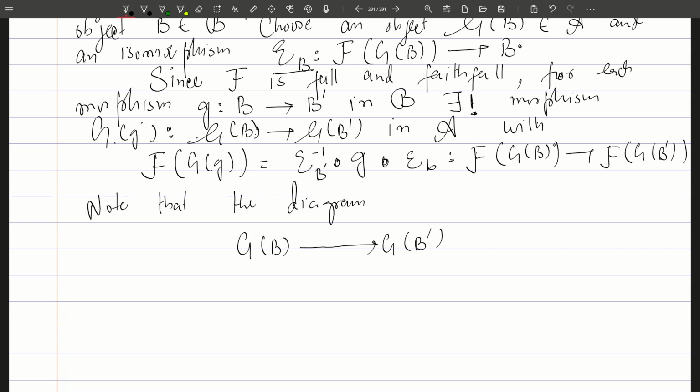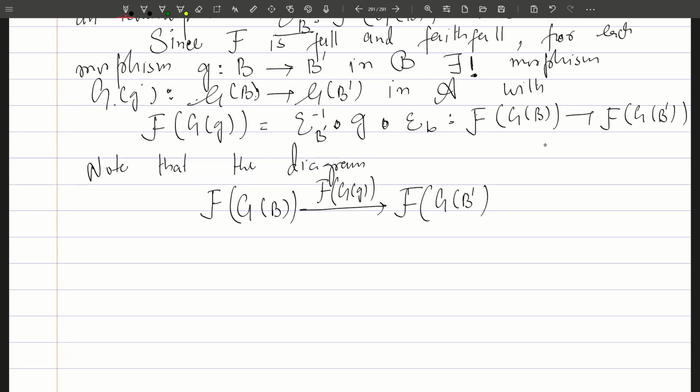So this is the morphism G of g. Now we know F is an equivalence, so it carries objects to objects. This is F of G of B prime, and this morphism is mapped to F of G of g.